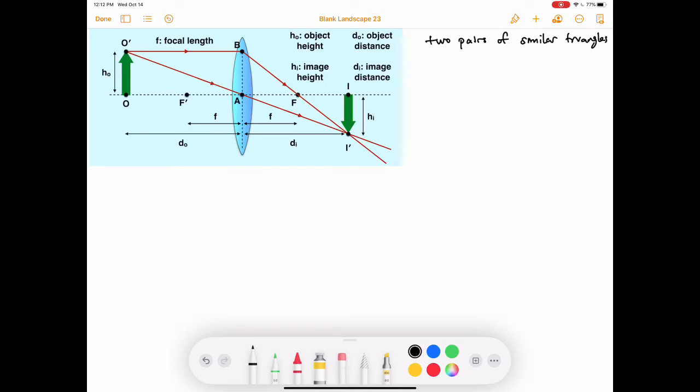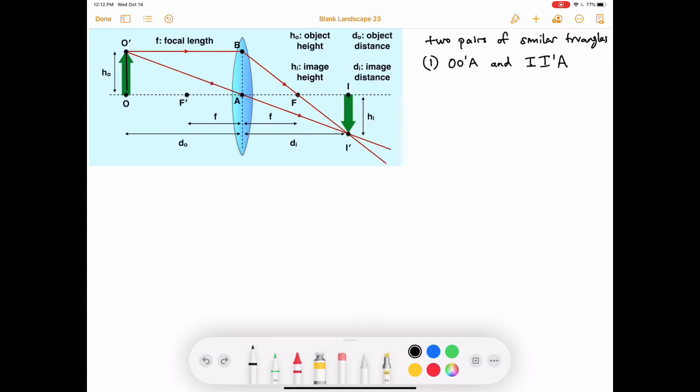So the first one I'd like to point out is the triangle formed by the points O, O prime, and A, and then also the triangle formed by the points I, I prime, and A. Okay, so here's the first one, O O prime A. And here's the second one, I I prime A. So those are the two triangles I'm pointing out.